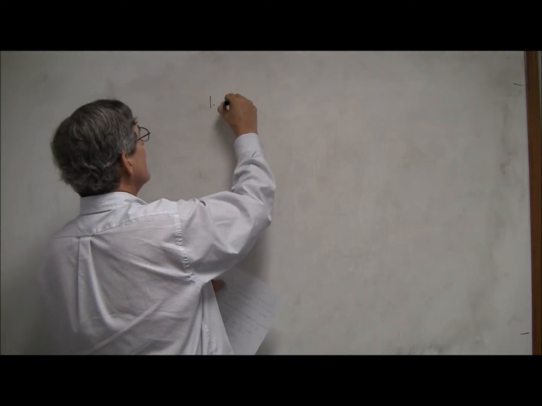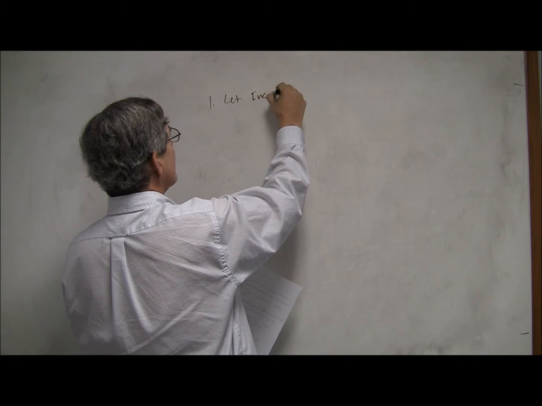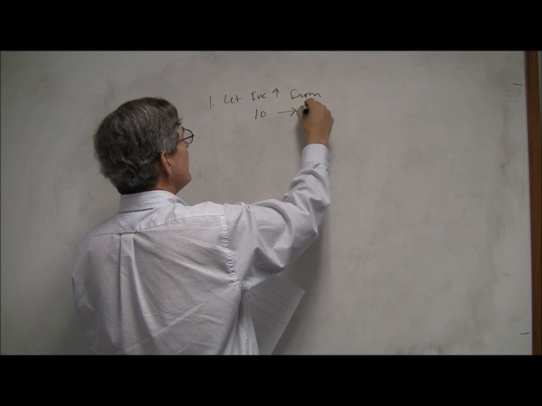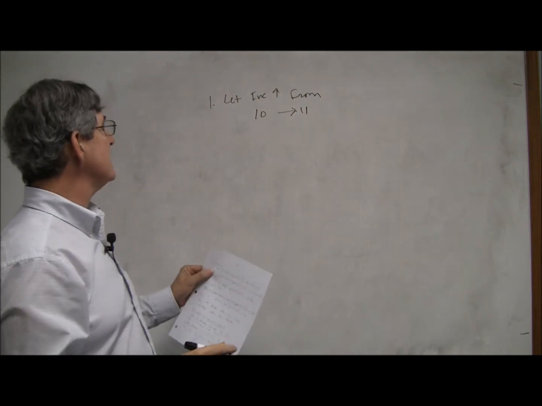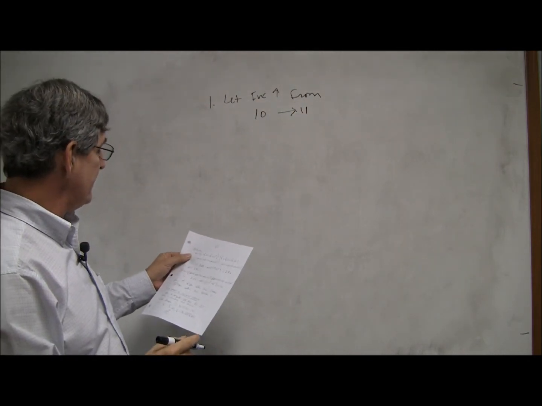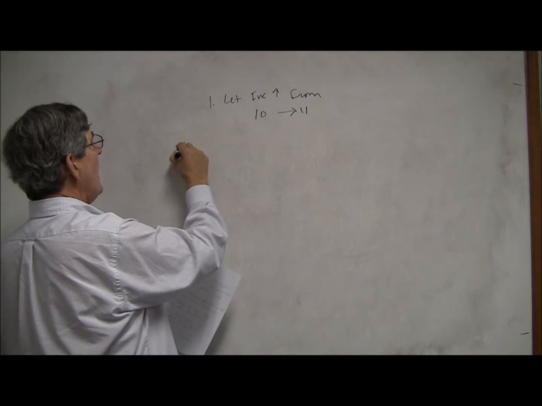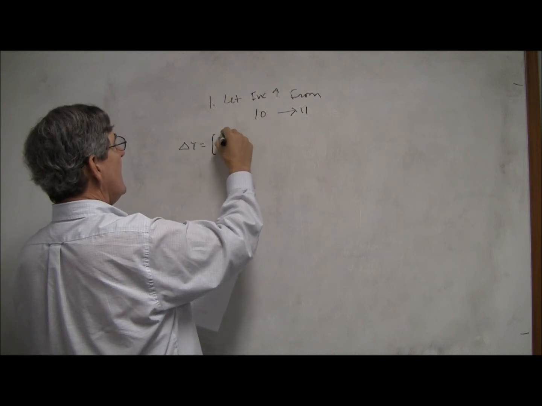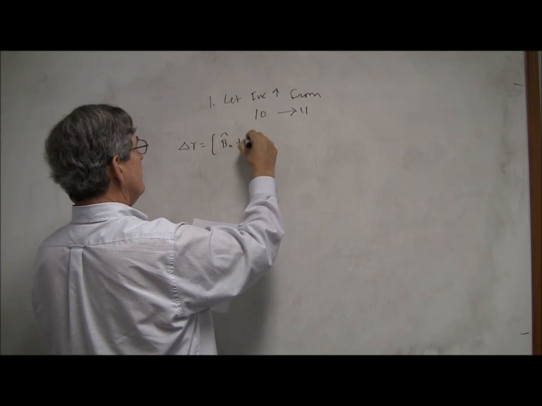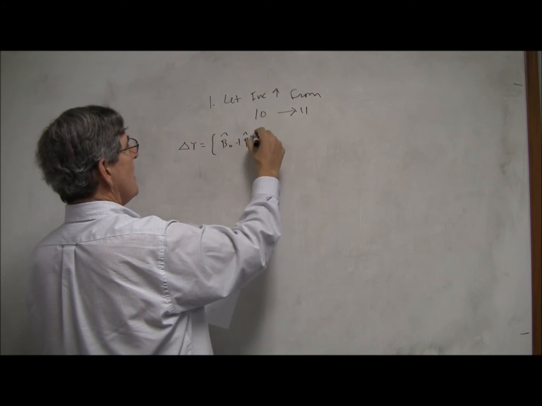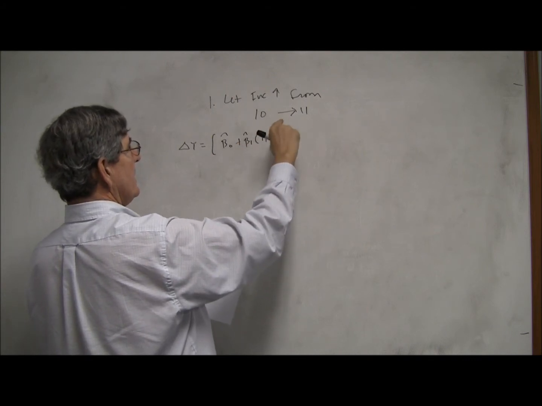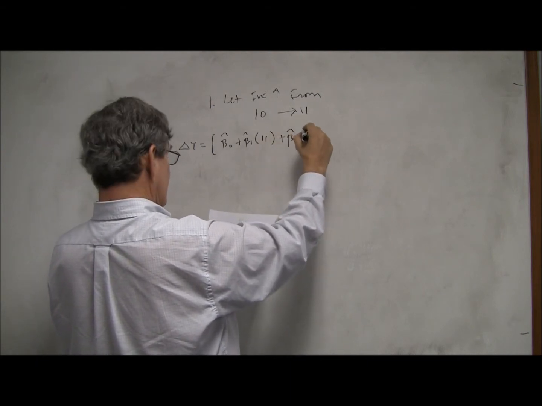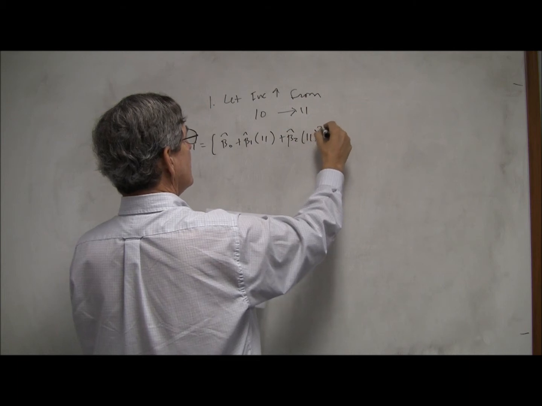One, let income go up from 10,000 to 11,000. The data are in thousands, and so we're saying from 10 to 11. So the change in y would be beta naught hat plus beta 1 hat. We know what these numbers are, but I want to illustrate what we're doing here. Times 11 plus beta 2 hat times 11 squared.